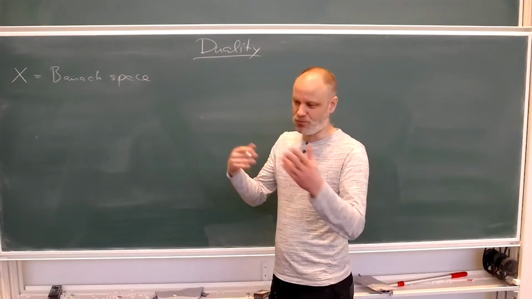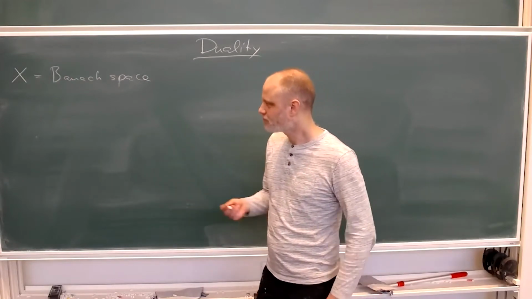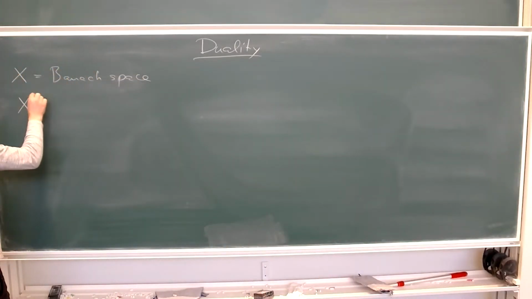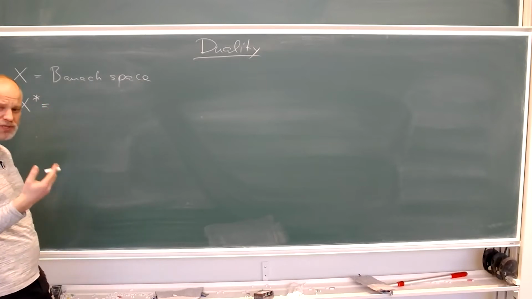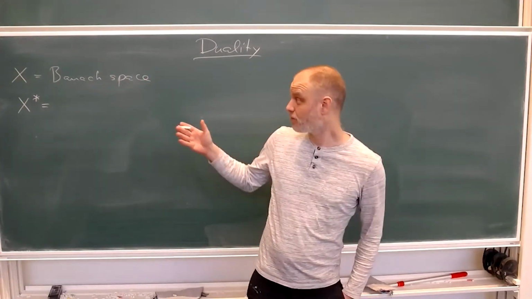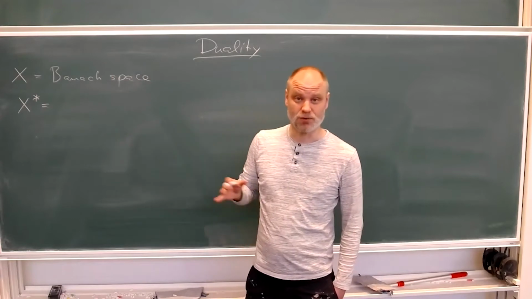Any concept can be weakened, but we stay in the Banach space setting. Then the object, I'm going to call it X star, is all bounded linear functionals on this space X. So X has a norm, we can talk about bounded. Well, let me write down what this means.